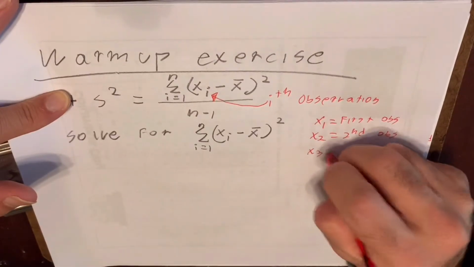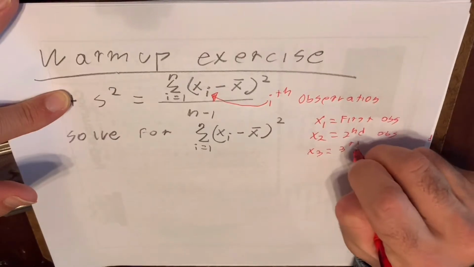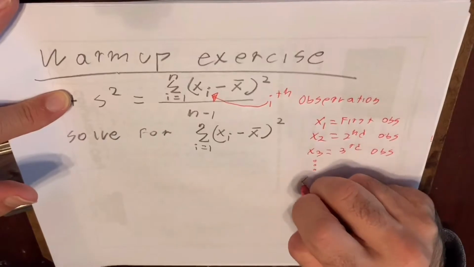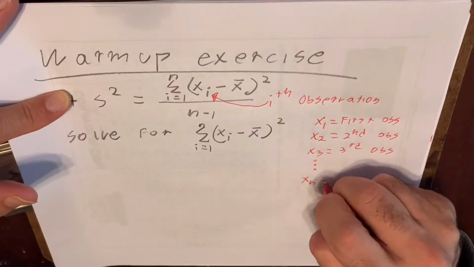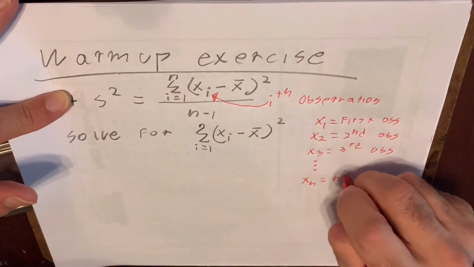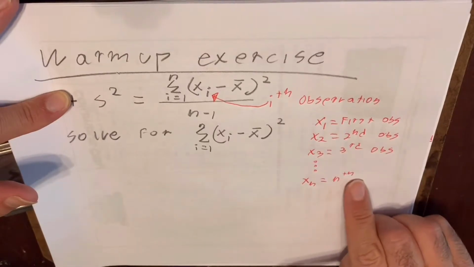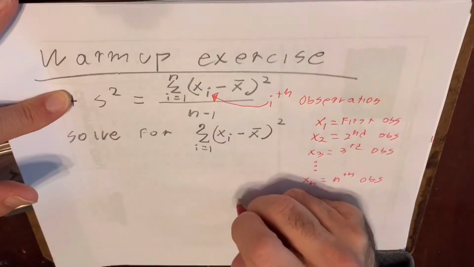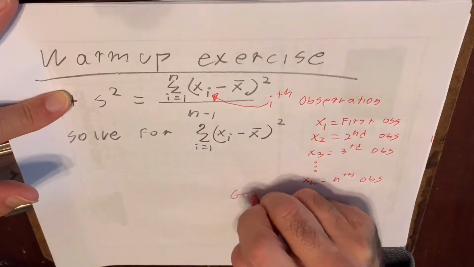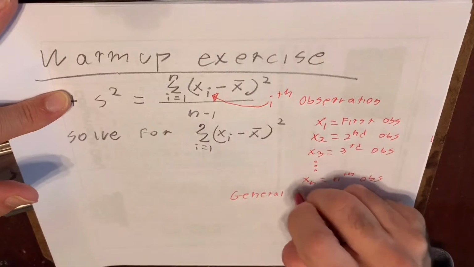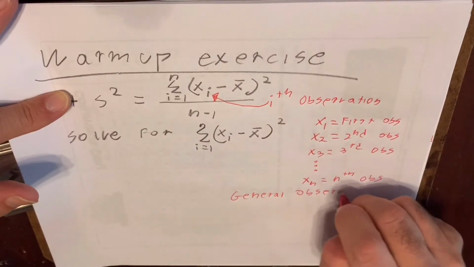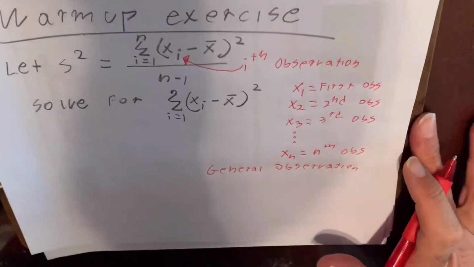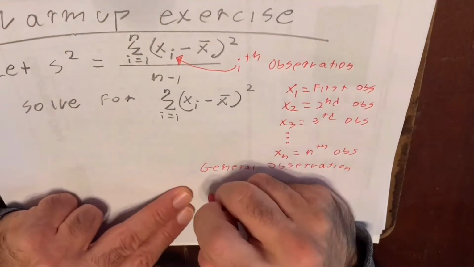X sub 3 is equal to the third observation. And we take this pattern all the way up to x sub n, and we read this as the nth observation. And the general observation is actually called the ith observation.